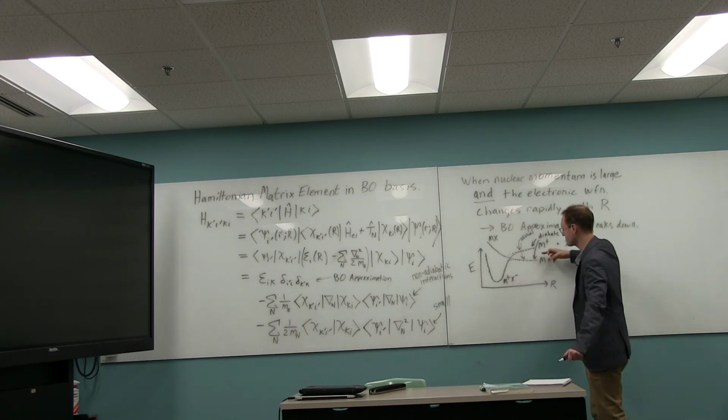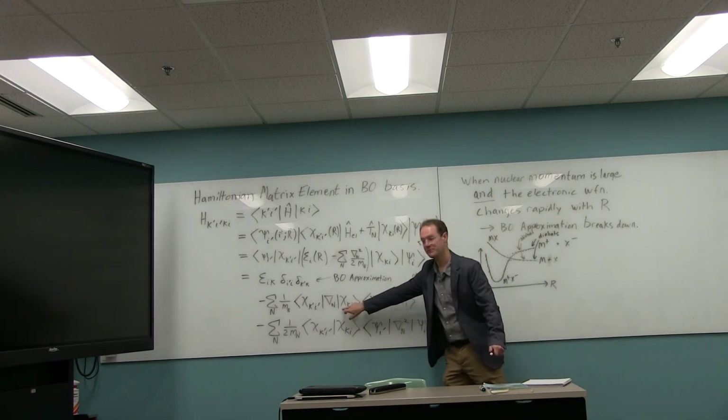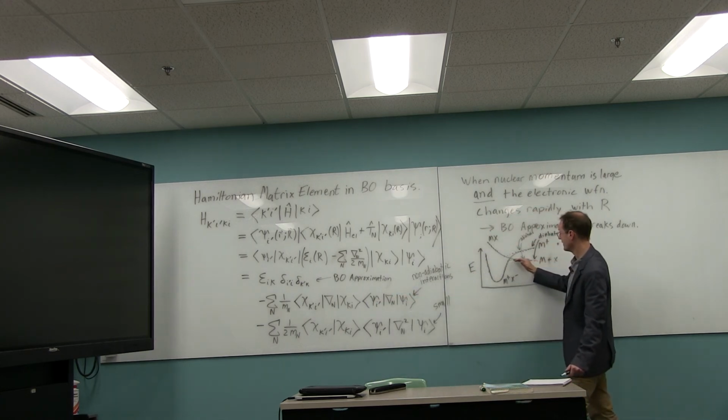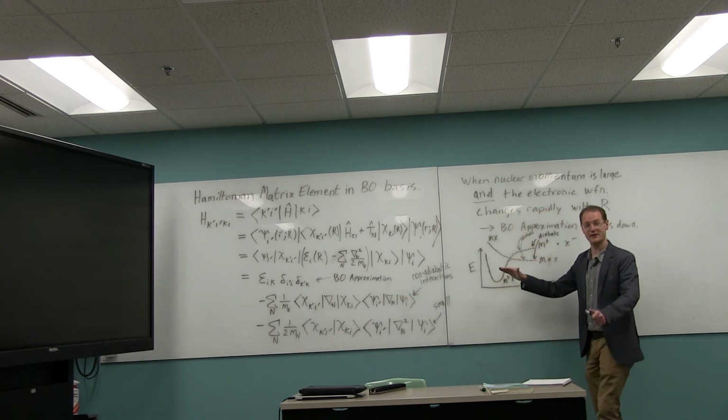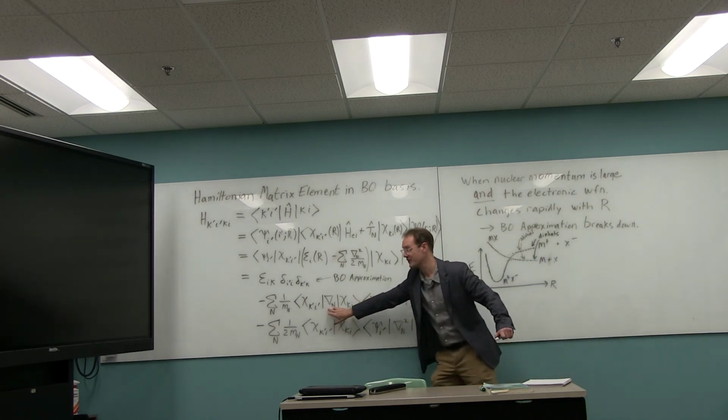And so if you cross this region really slowly, then the non-adiabatic interaction is going to be small, and you're likely to stay on the same adiabat. But if you cross this region with a large momentum, then both this term and this term are going to be large.